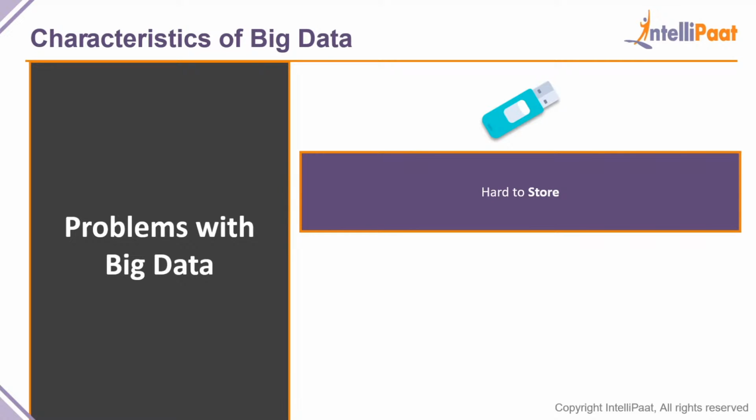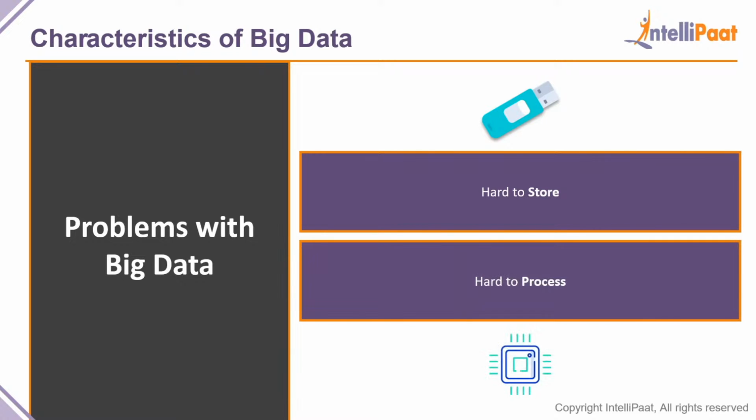And these days, we hardly have 500 gigabytes to 1 terabyte of hard drive space in our laptops or in our working computers, right? At maximum, we have 2 terabytes, right? So it's quite a difficult issue to store big data on those computers, right? So that is the first problem that we have with big data.